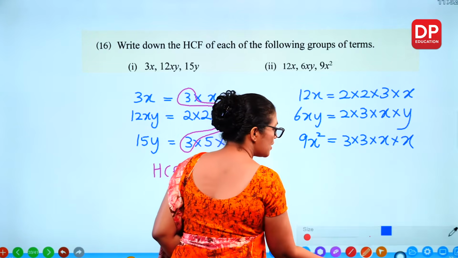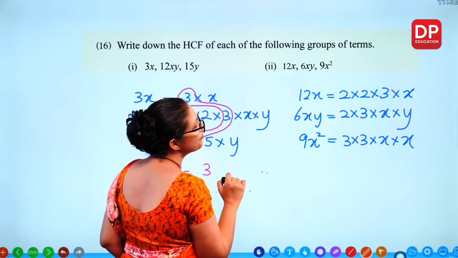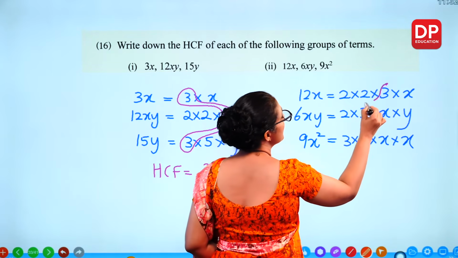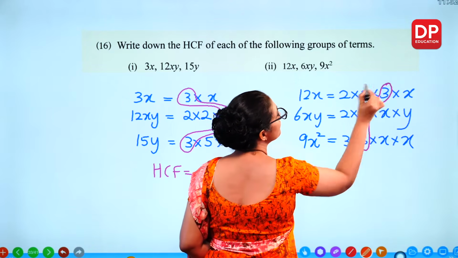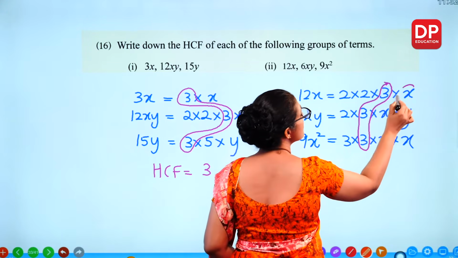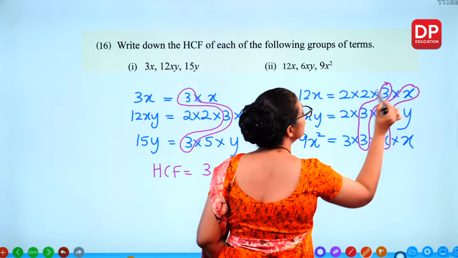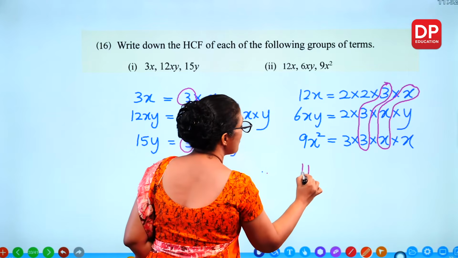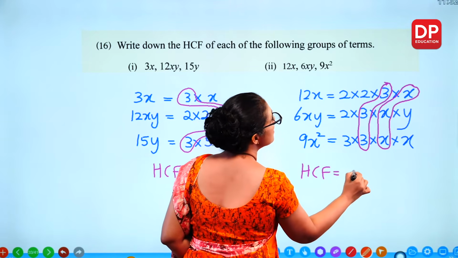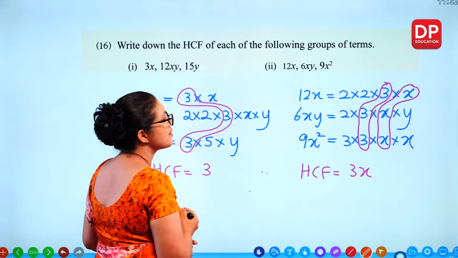Now find out the common ones. 1, 3 is common and 1x is common. So highest common factor is 3x.